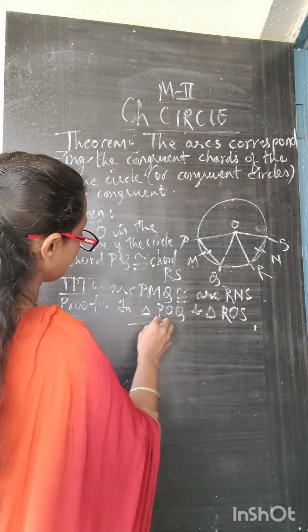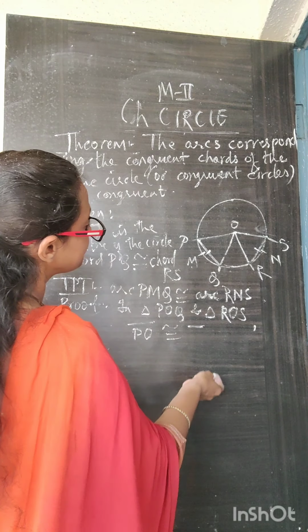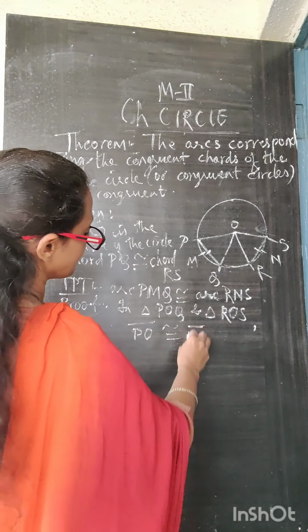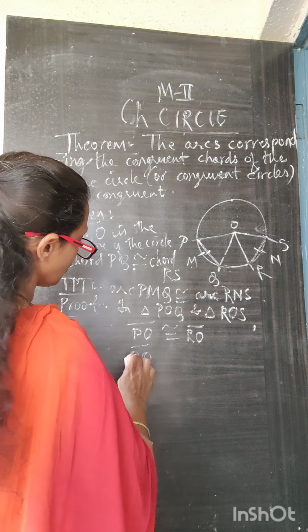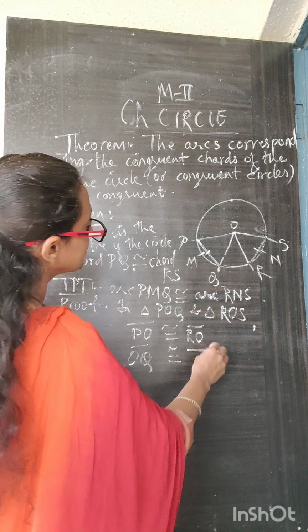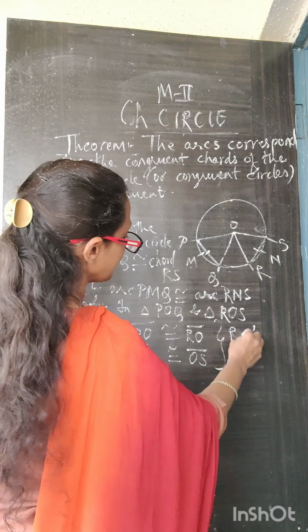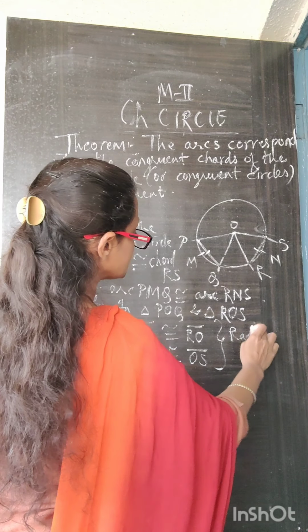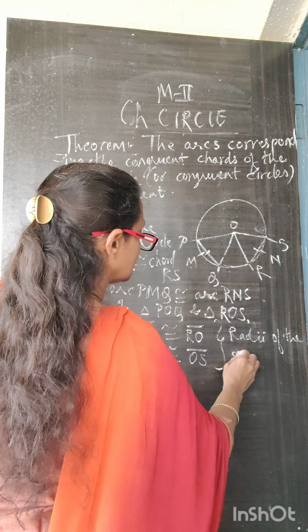Segment PO, or you can say radius PO, is congruent to segment RO. In the same way segment OQ is congruent to segment OS. Both pairs are nothing but radii of the same circle, so for that reason I write radii of the same circle.